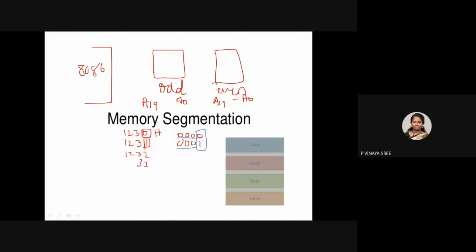So this is like A0. If you write this in binary, you will have A0, A1, A2, A3, and these 4 zeros you will write as 0000. Next, this 3 is A4, A5, A6, A7.